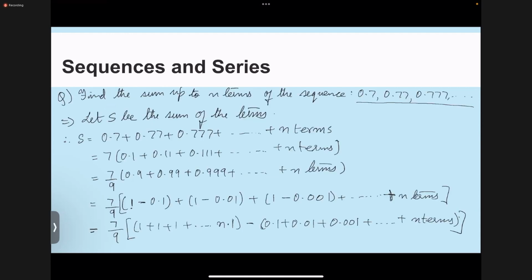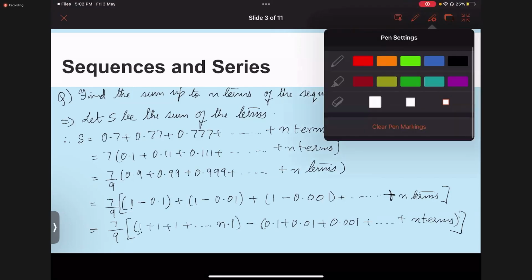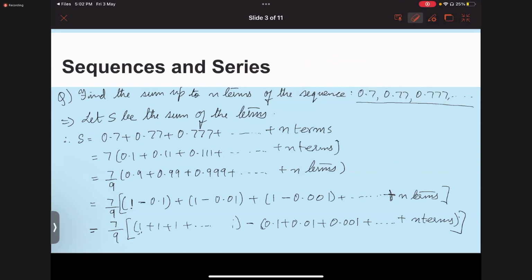Actually this shouldn't be n multiplied by 1; this is 1 plus up to n terms.